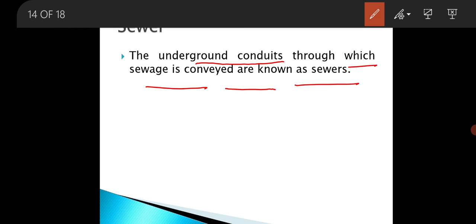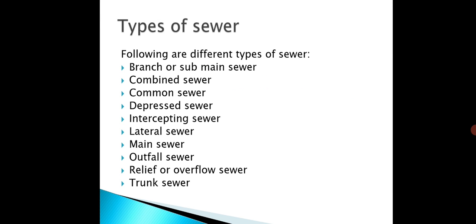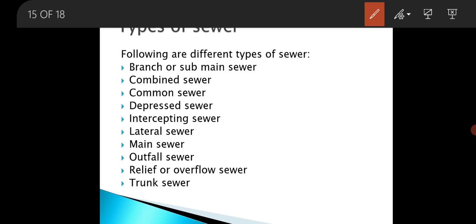Here the conduit which carries the sewage is known as a sewer. There are different types of sewer. First one is branch or submain sewer. This term is used to indicate the sewer which obtains its discharge from a few laterals and delivers it to the main sewer.